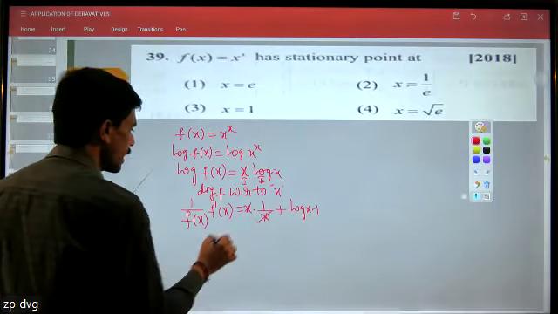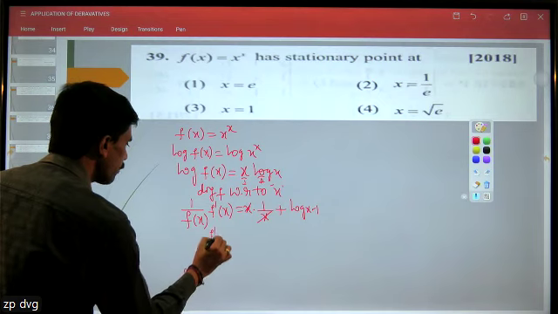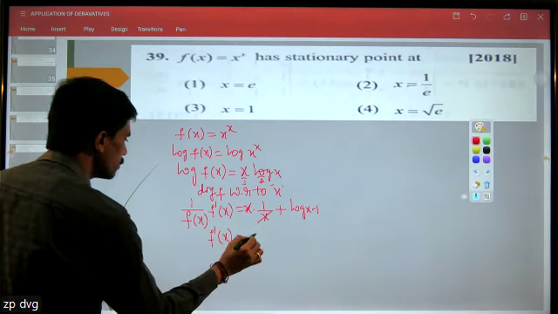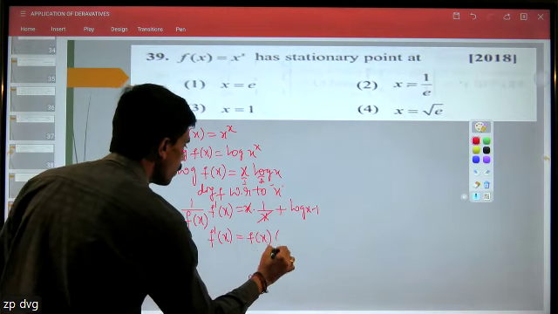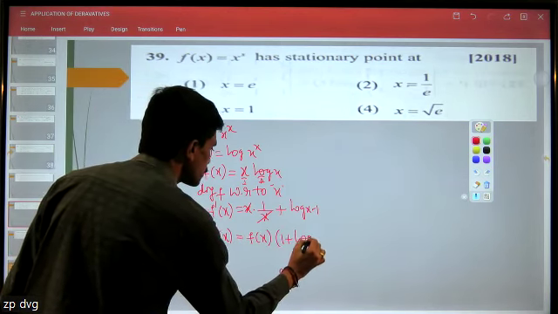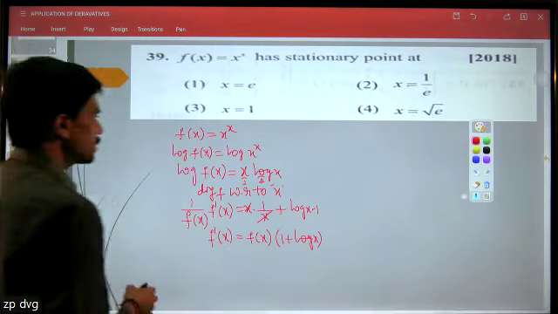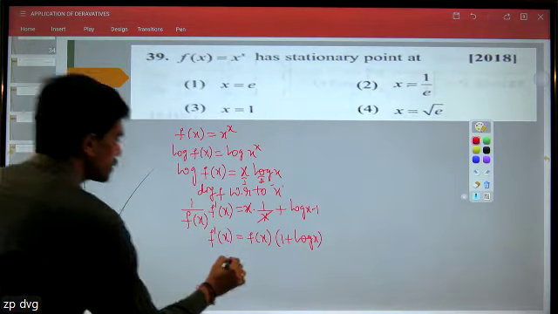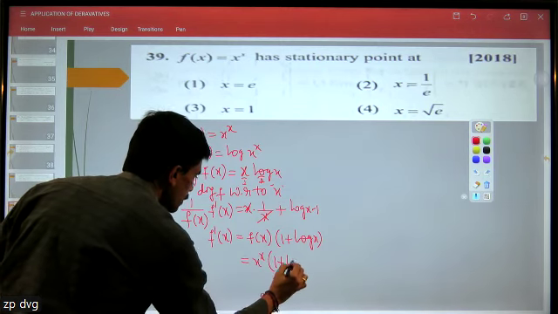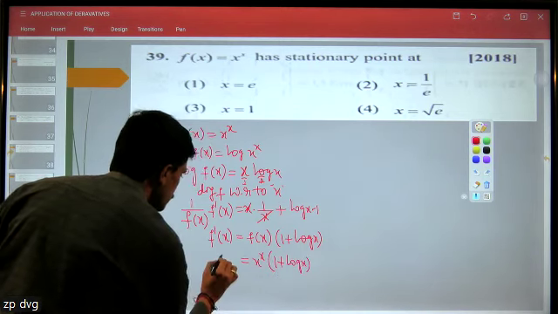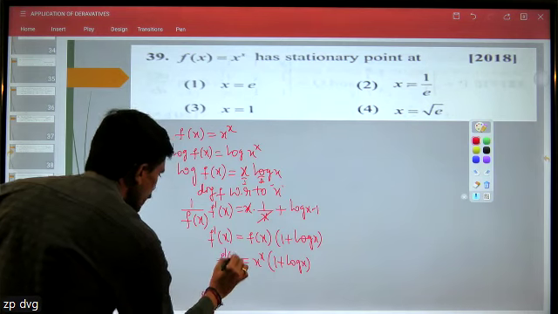So here x gets cancelled. Finally, we get f dash of x is equal to f of x into 1 plus log x. But what is f of x here? x power x. So x power x into 1 plus log x we get. So this is our f dash of x.